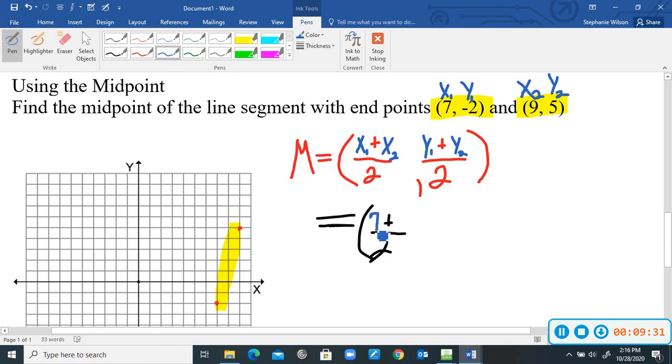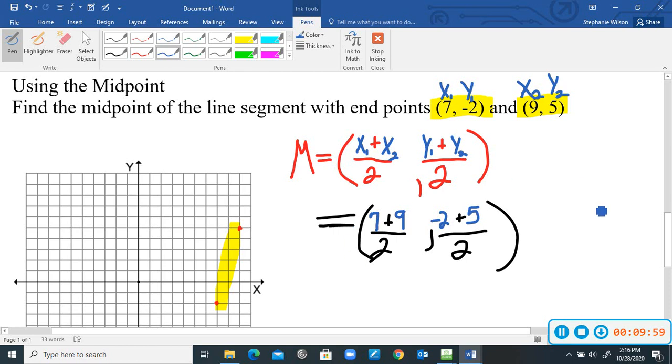My x value 2 is 9, so let's put 9 here. And then I want to put my comma. And do y'all notice what's going on? We got an ordered pair here, right? An ordered pair is always x comma y unless you're doing the inverse. So now I got my y1, which is negative 2, plus my y2, which is 5.